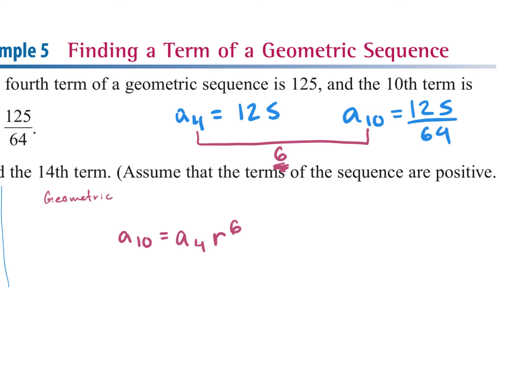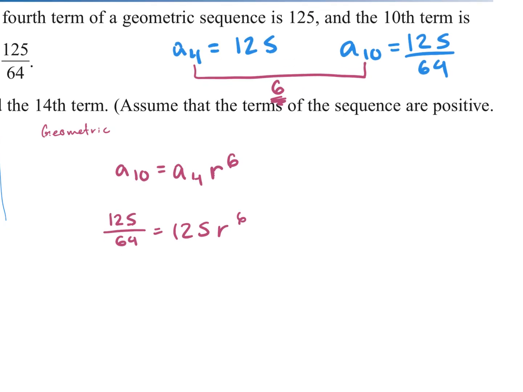We have what our value of a sub 10 and a sub 4 are, so we just need to plug those in. So we have 125 over 64 is equal to 125 times r to the power of 6. So we are solving for r. What do we need to do to solve for r? Awesome. Divide both sides by 125.